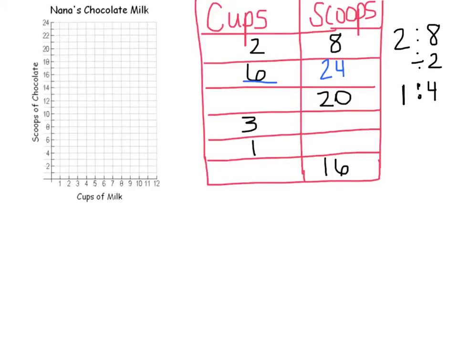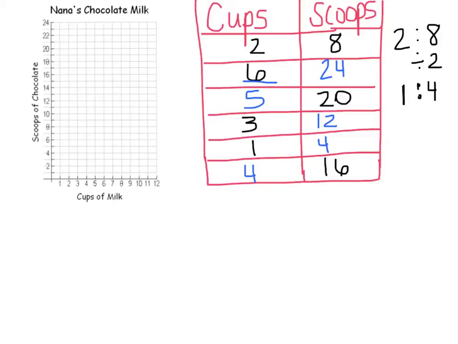We have 20 scoops, so we want to figure out how many cups. So we're going to divide that one by 4, and that's going to give us 5. And if we have 3 cups, we're going to multiply that by 4, and we're going to get 12. And we already found out 1, that's going to be 4. And for 16 scoops, we are going to need 4 cups of milk.